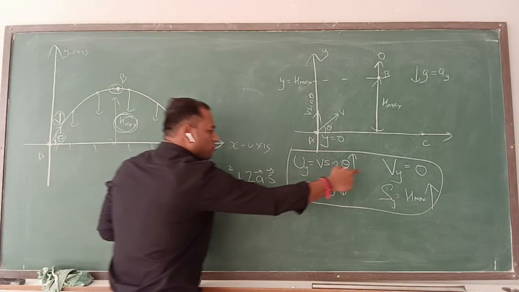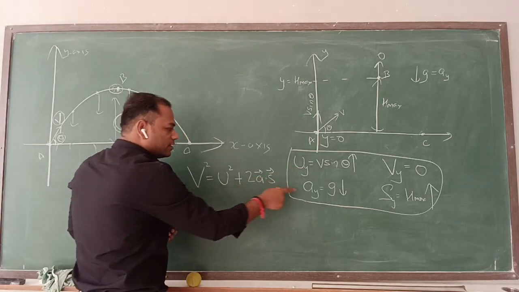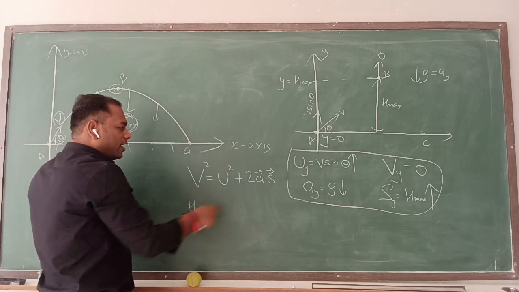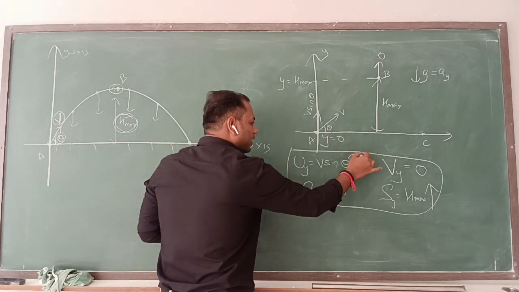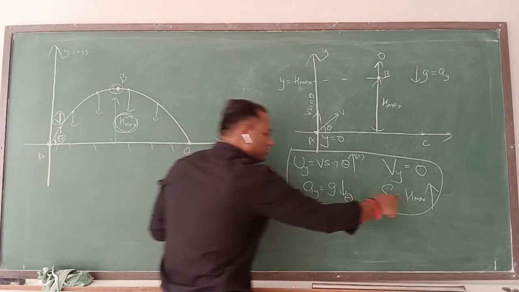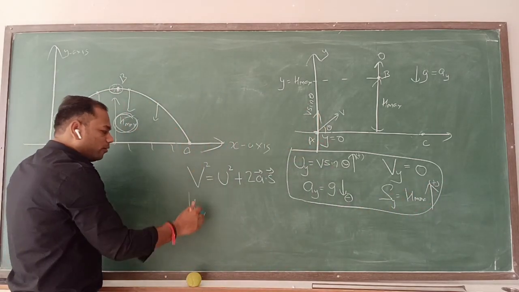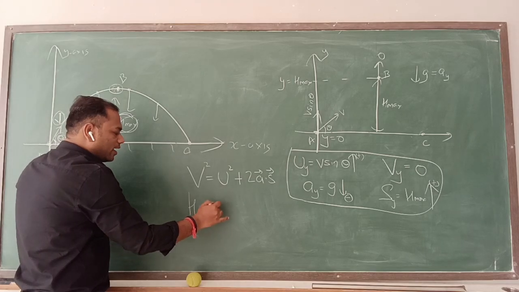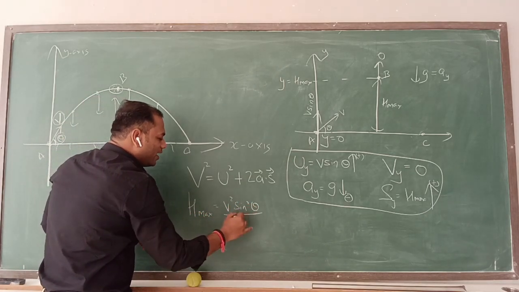V is your final velocity, u is your initial velocity, a is the acceleration vector, and s is your displacement. Upward quantities we will take as positive, downward quantities we will take as negative. So after putting the values, we will get h max as v square sin square theta by 2g.